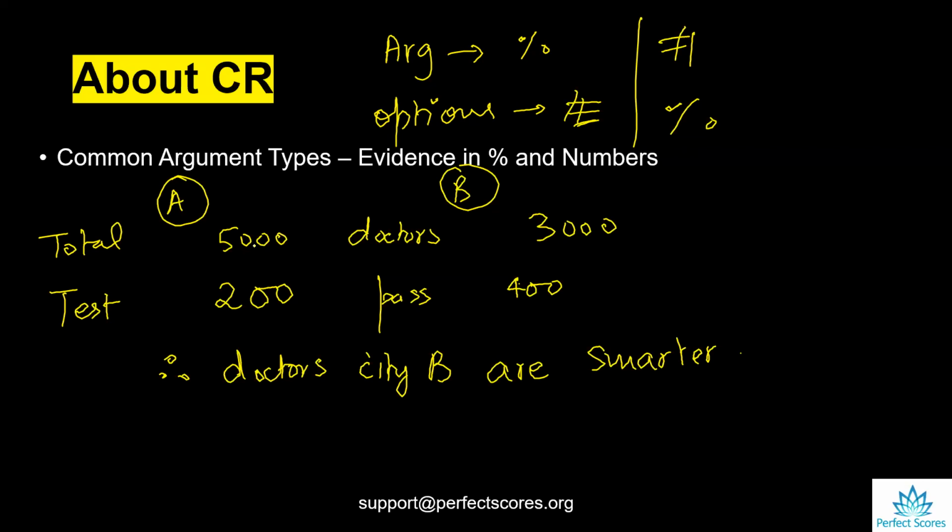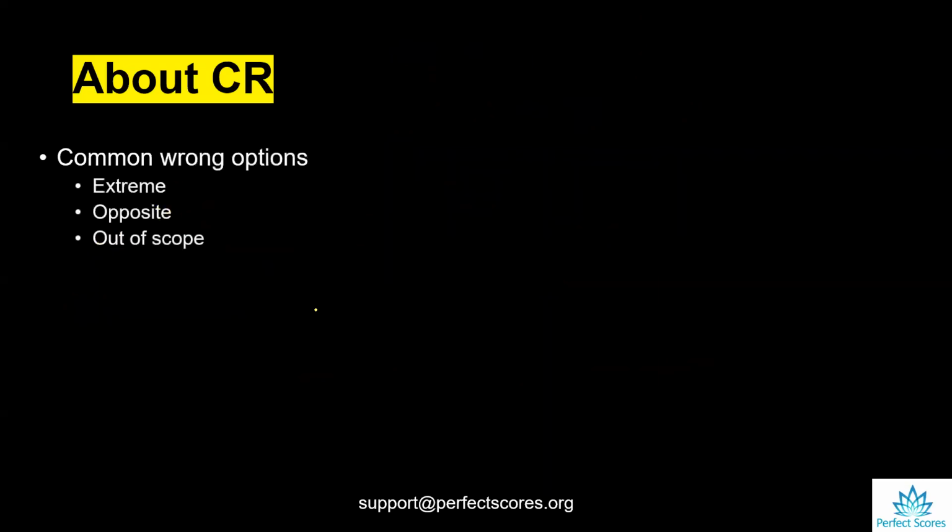You just know that this is the total number of doctors. You don't know how many took the test. So you basically cannot really say if they are smart or not. So you just have to be aware of these situations whenever you have numbers and percentages in the argument. Can you even compare those two different cases? So that's what happens in these kinds of arguments.